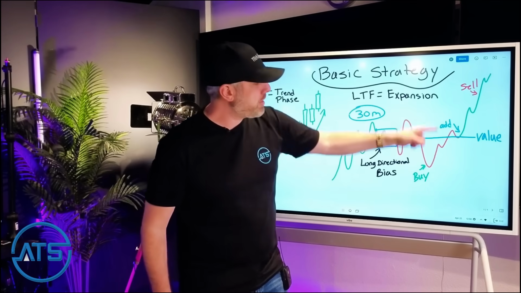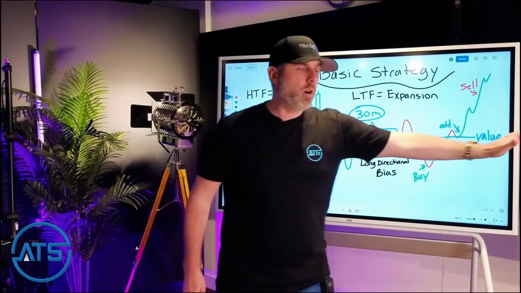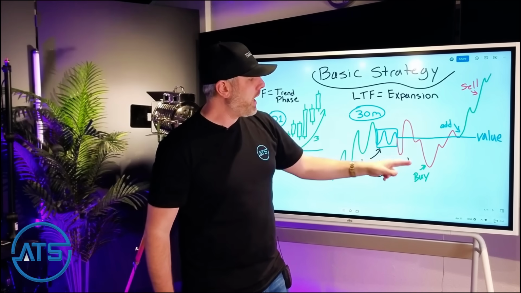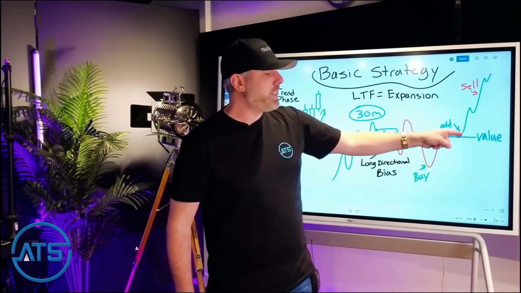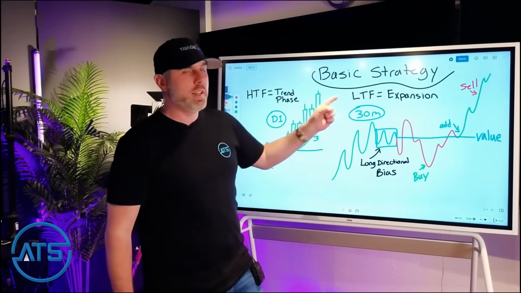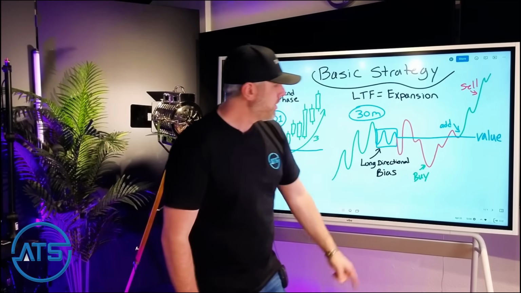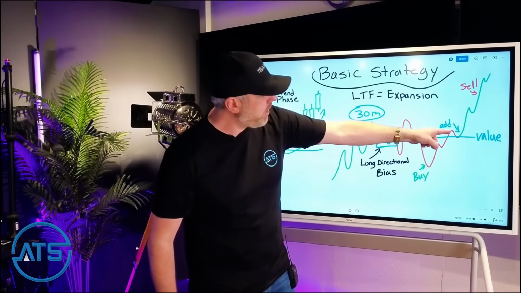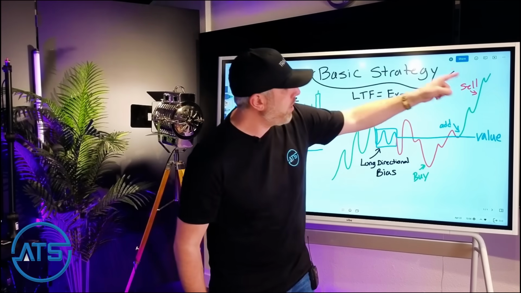Every time you get an expansion leg, no matter how many there are, you continually buy below value in expectation of the predictable outcome, which is the market to continue in its higher time frame direction. So you buy right here, you can add a little bit more right here, and then you sell here.